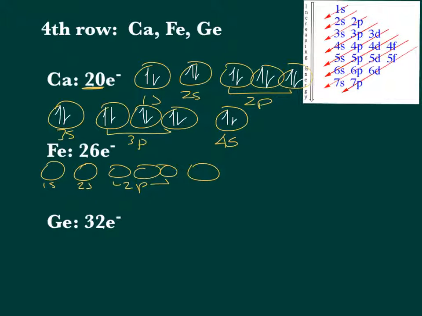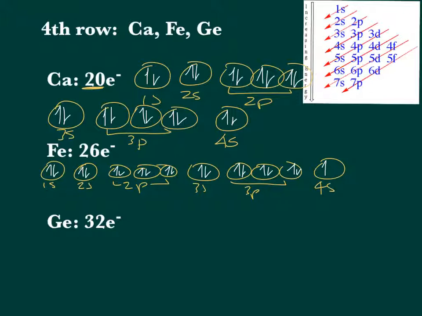Here's my 3s, here's my 3p's. I know I need my 4s like that. All right, so I'm going to fill them all up. 1, 2, 3, 4, 5, 6, 7, 8, 9, 10, 11, 12, 13, 14, 15, 16, 17, 18, 19, and 20.